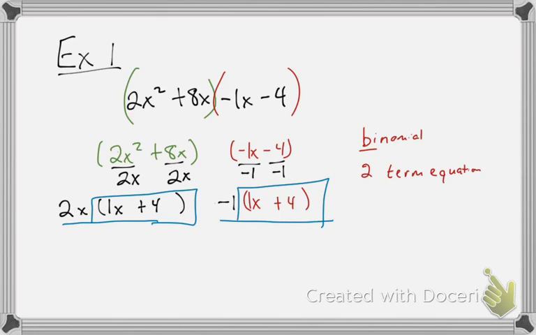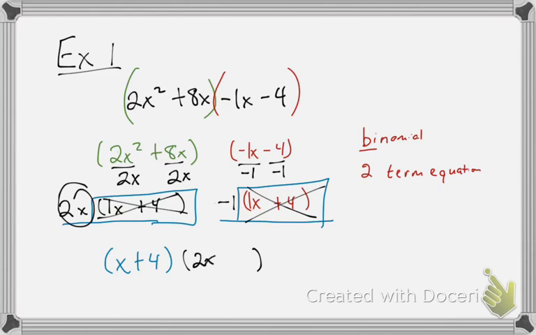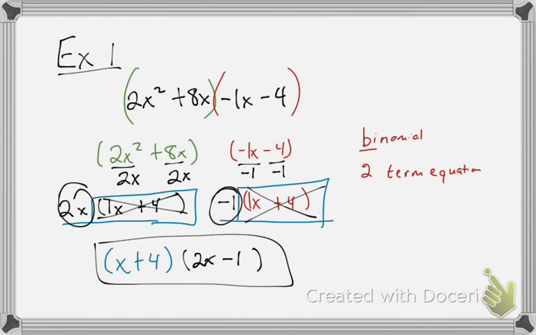So I'm going to start by factoring out x plus 4. The part I have left is 2x minus 1. That gives me my answer of x plus 4 times 2x minus 1. So again, I split my problem in half, I looked for the largest thing that I could divide out of the two different little mini problems, factored that out, and then I wrote down my answer.